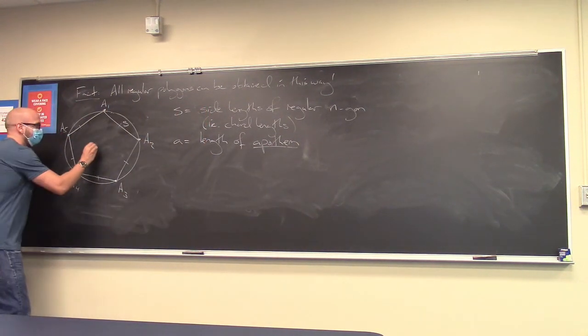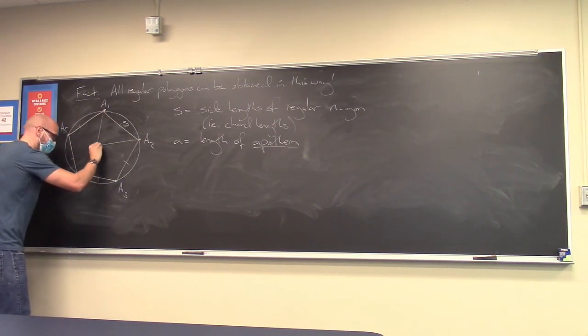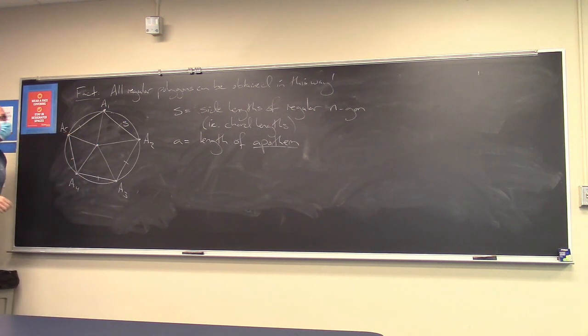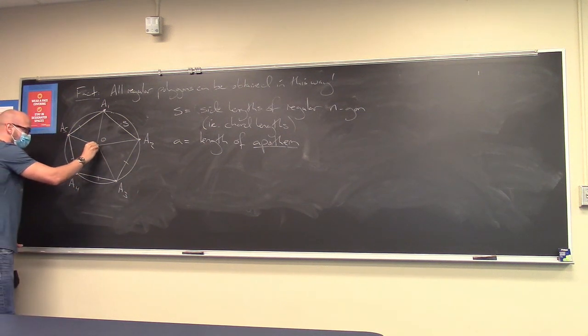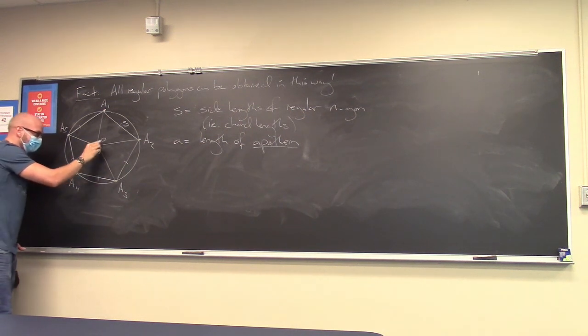So what's an apothem? Here's an apothem. Here's the center. So we've got all of our radii. An apothem is just an altitude of one of these triangles, which, since they're isosceles, also means it's a median, also means it's a bisector.